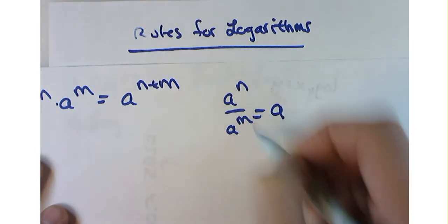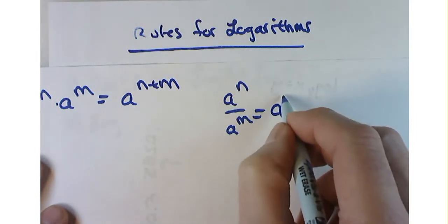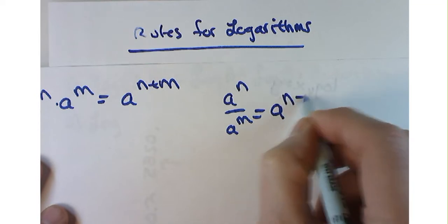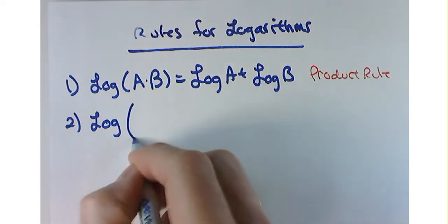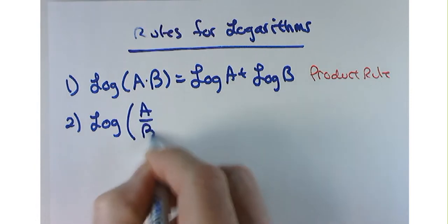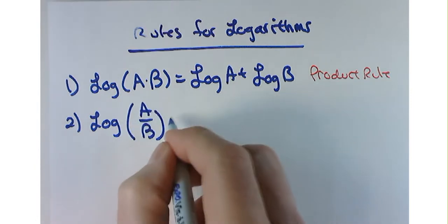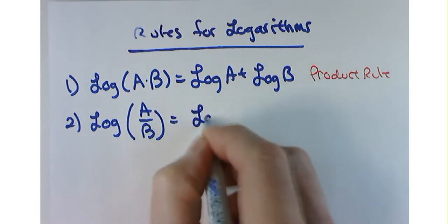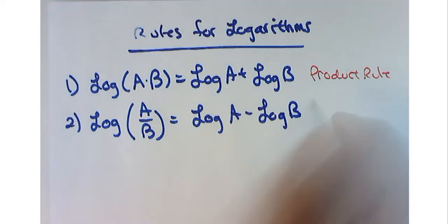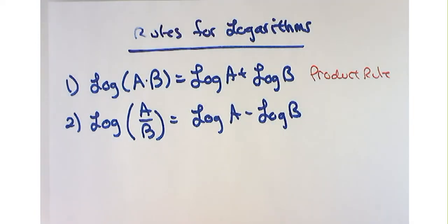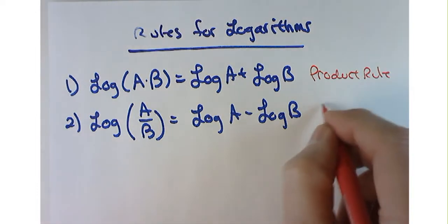What happens with their exponents? Subtract. You subtract. Cool. And when you divide in the logarithm, you're taking the log of a divided by b, that's going to be the log of a minus the log of b. And that's our quotient rule.